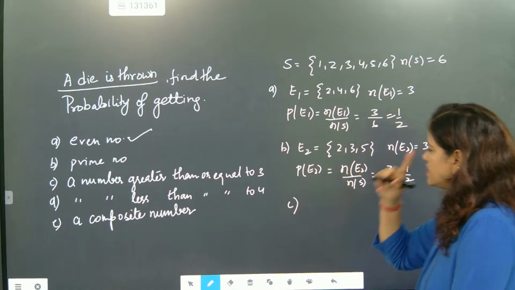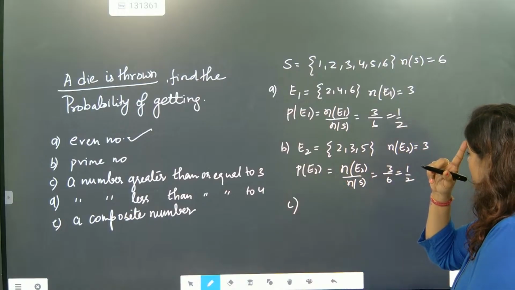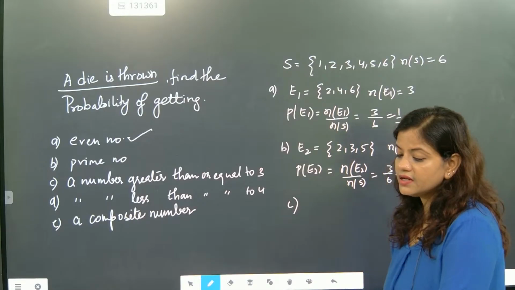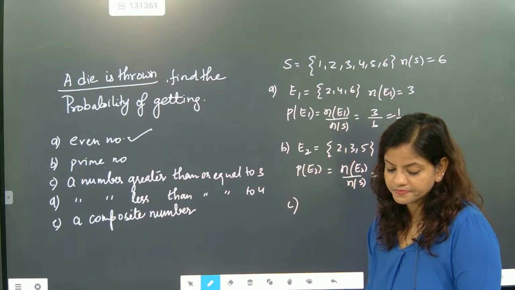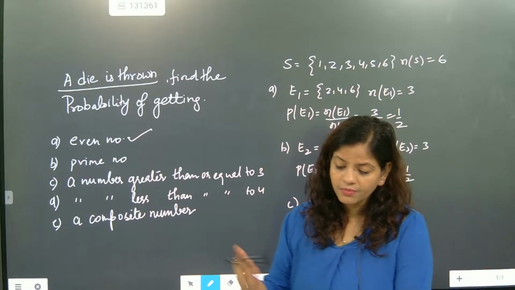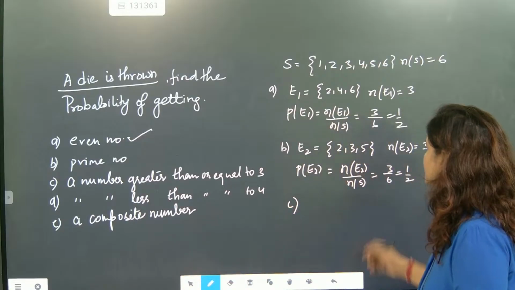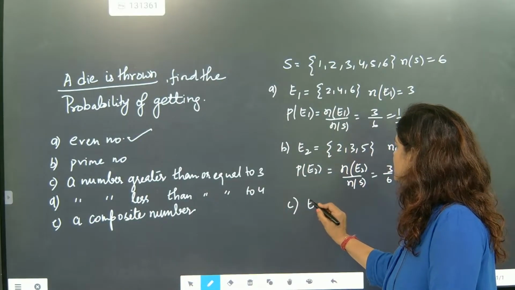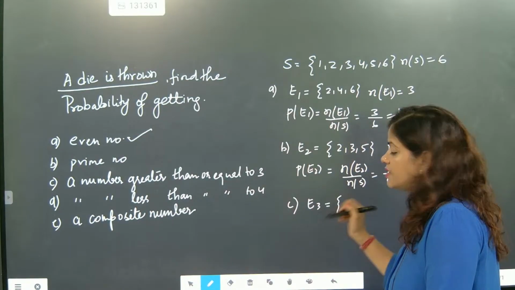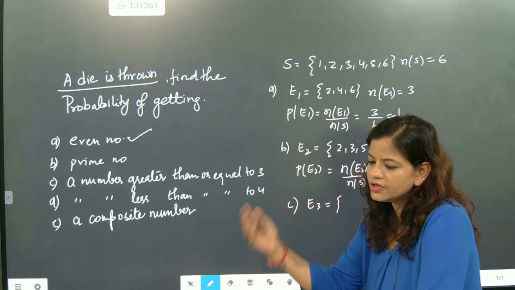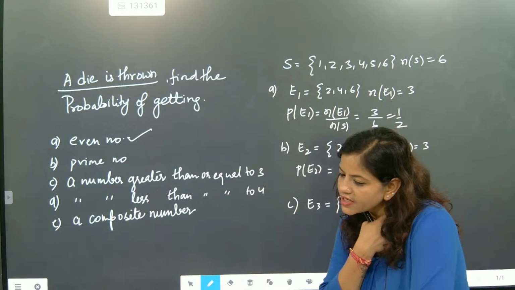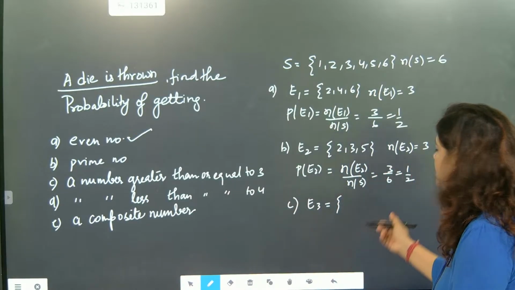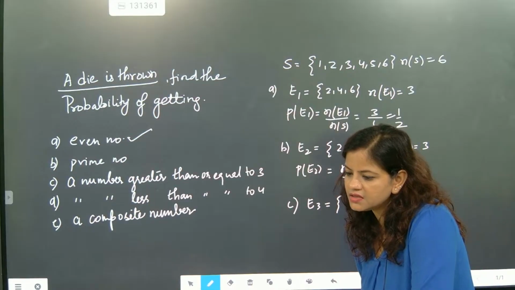Now third one is a number greater than or equal to 3. Very good. A number greater than or equal to 3 means any number which can be greater. Siddharth has given the third and fourth answers, and Sujata has given the answer too.